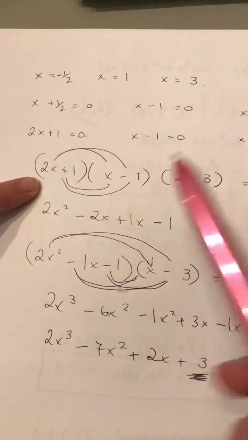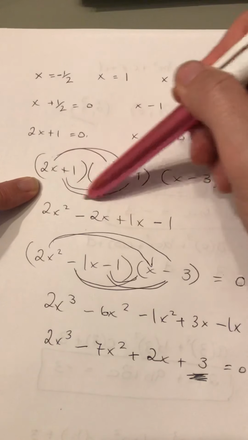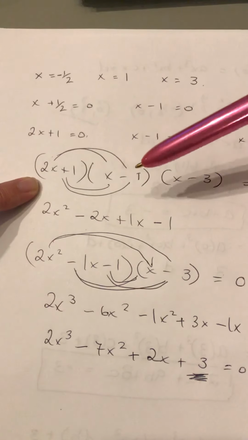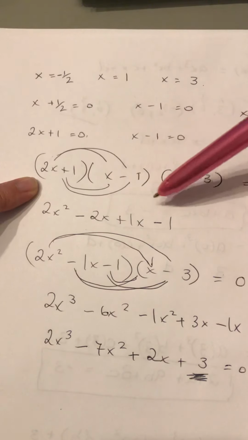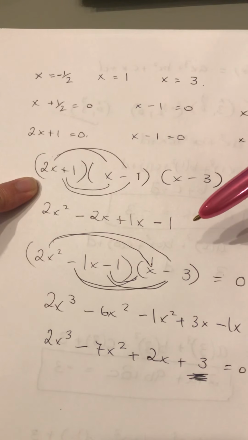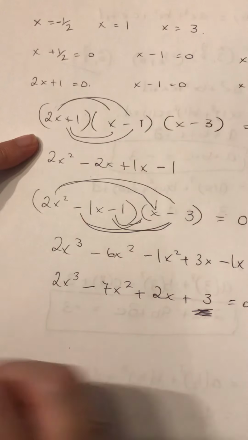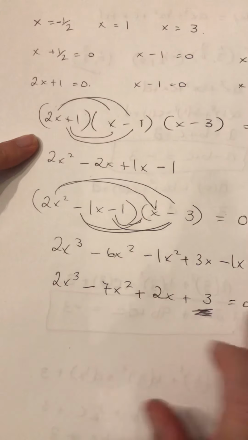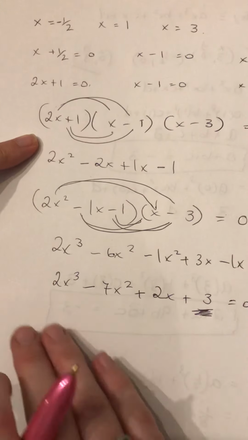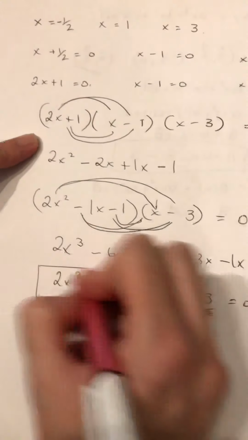Just make sure I haven't made a mistake. So that's 2x squared plus x minus 1. Yeah, well, that looks good. So if you were to find out where it cuts the y-axis, you let x be 0 and you find out that y is 3. So that's definitely the right one.